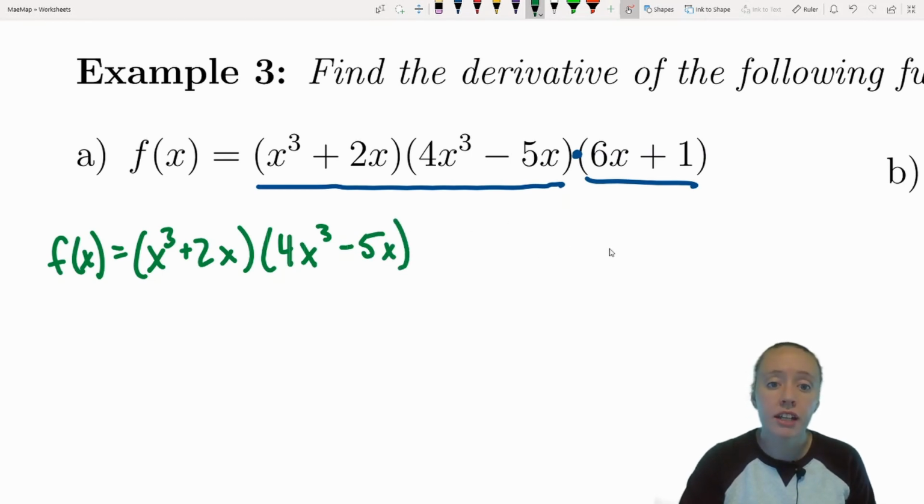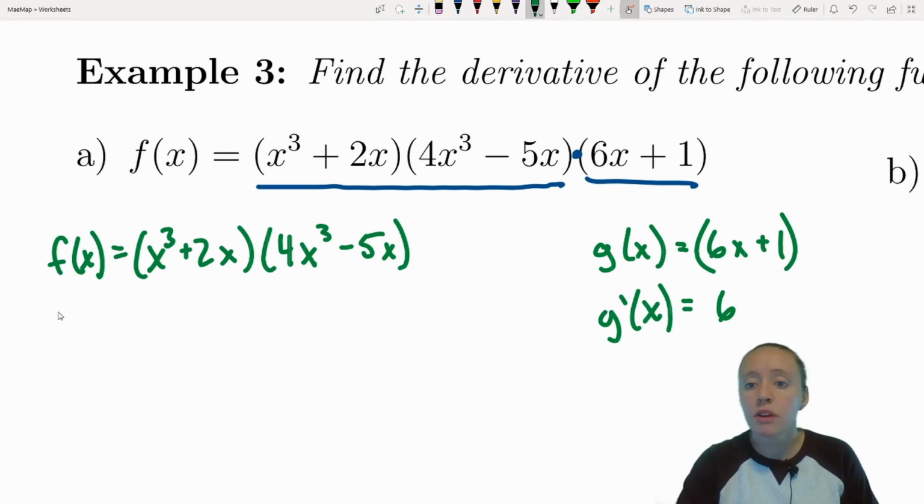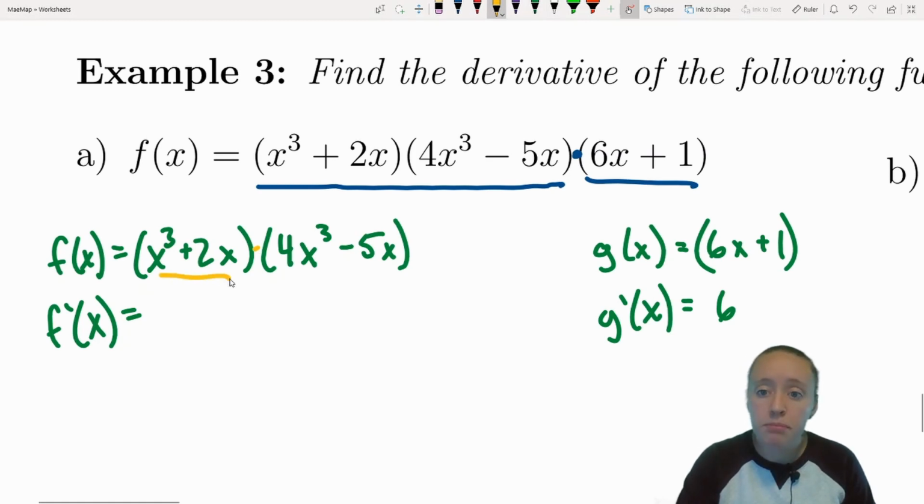And my g of x is going to be 6x plus 1. So we can easily take g prime of x. g prime of x is simply going to be 6. But how do we find f prime of x? Well, we're going to need to do another product rule to find that derivative.